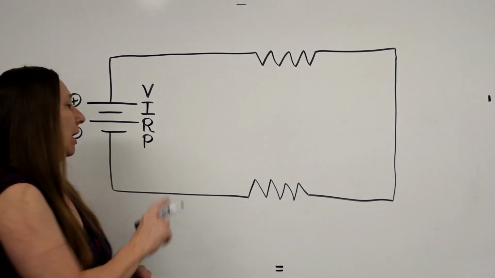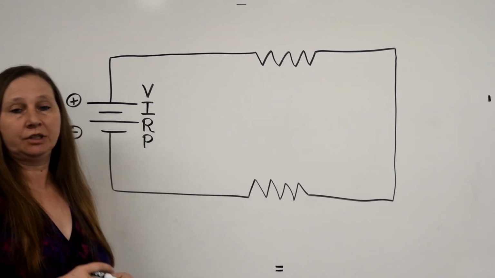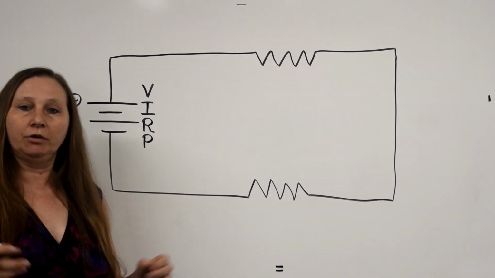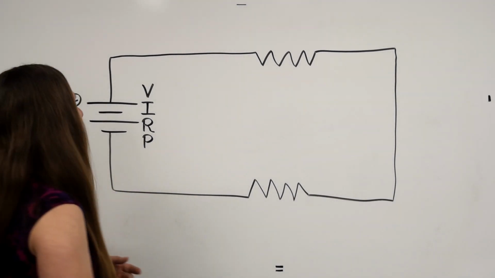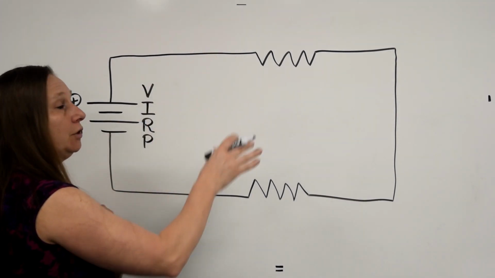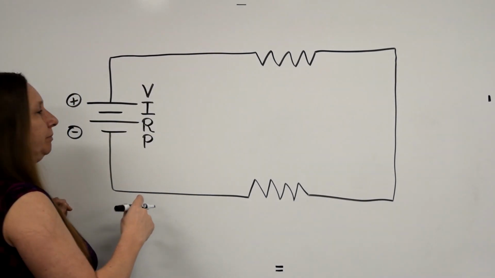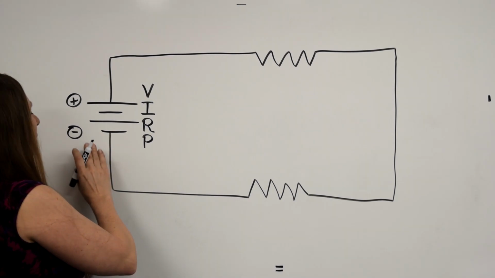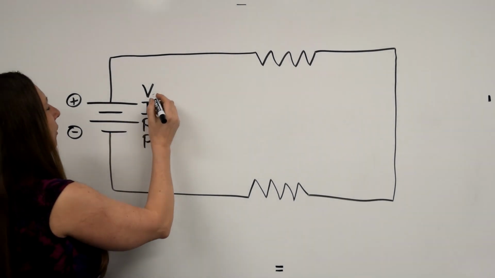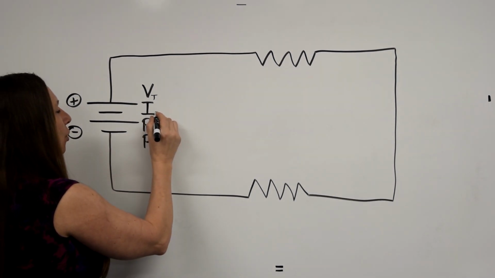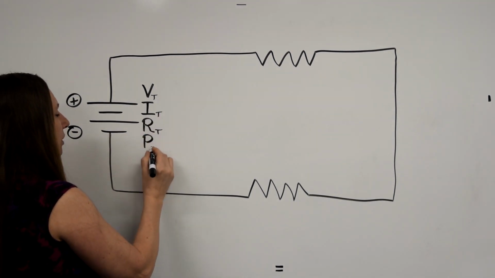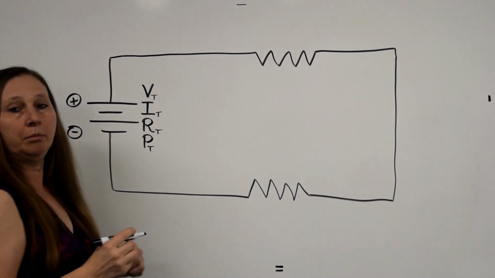Now, in this video, I'm not going to calculate the power. It's not hard. I just don't want this video to get too long. We'll calculate the power in a later video. So every single component has its own values. For the battery, we're going to call this the total voltage, VT, the total current, the total resistance, and the total power.